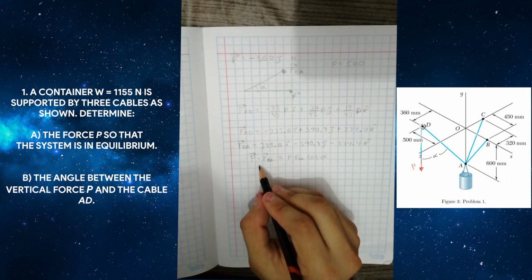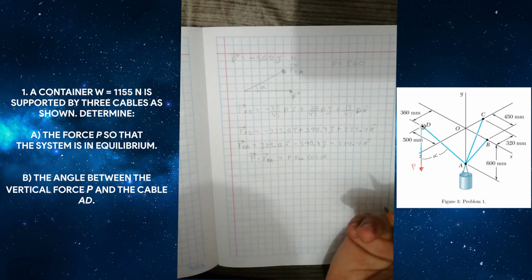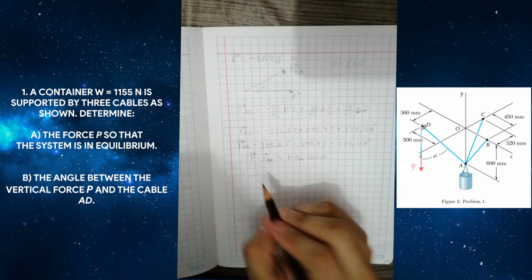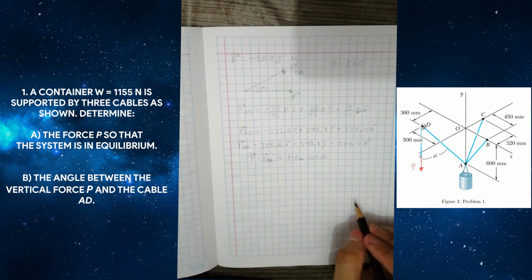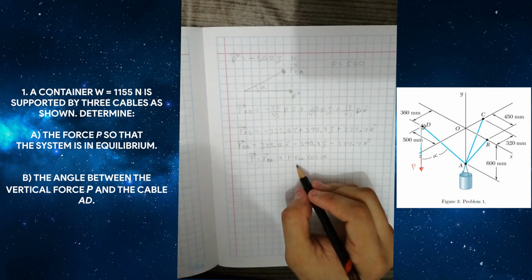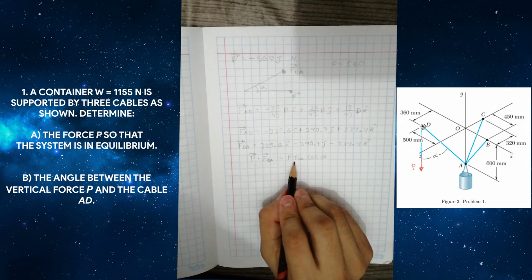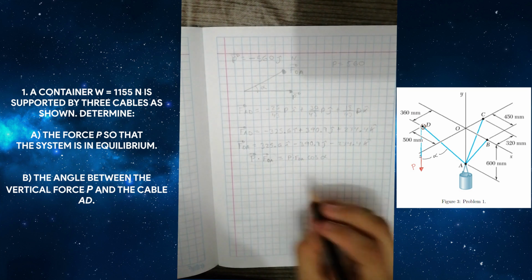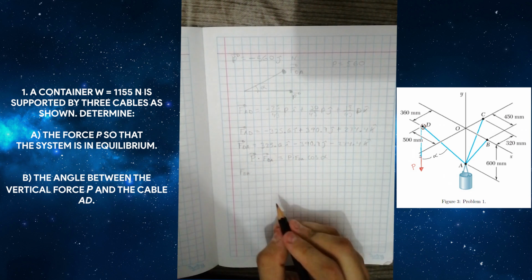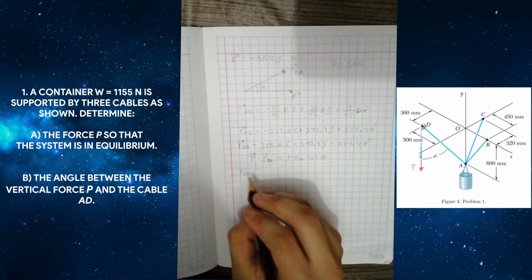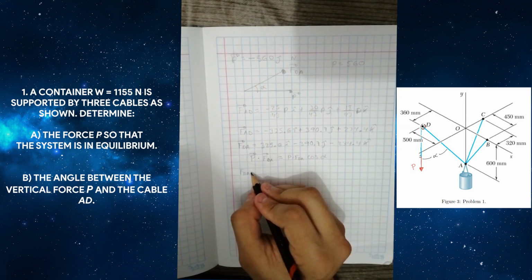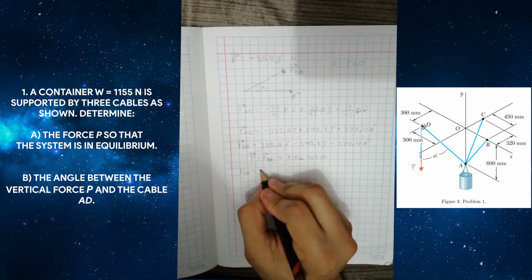We have these vectors and the magnitude of P. The only thing that is missing is the magnitude of this vector, that is F DA. We know it is equal to P.